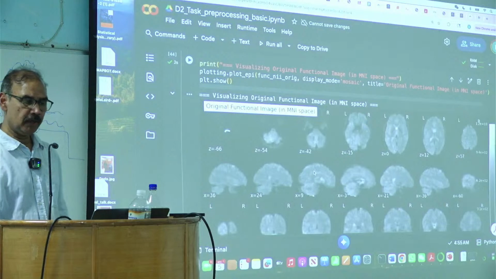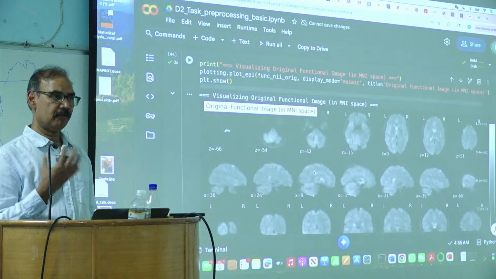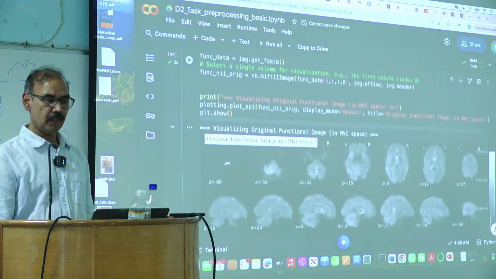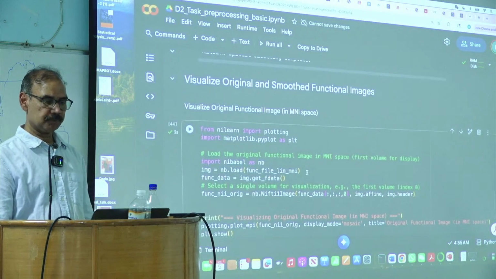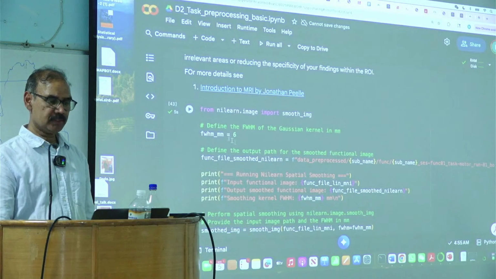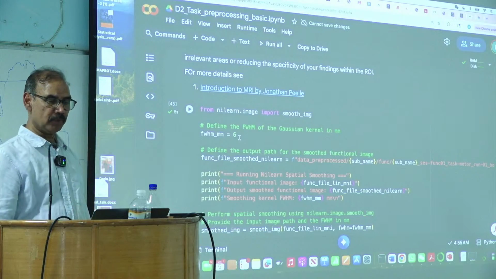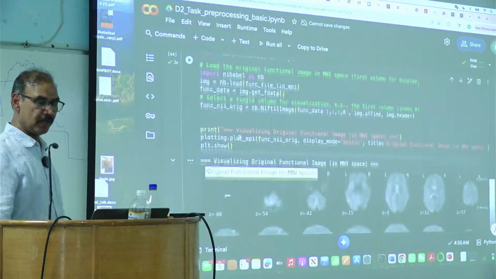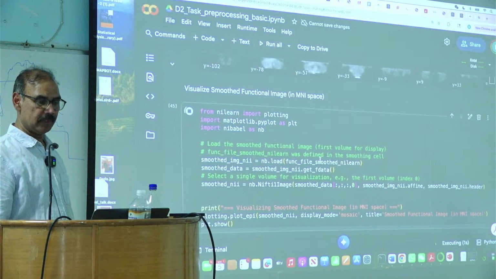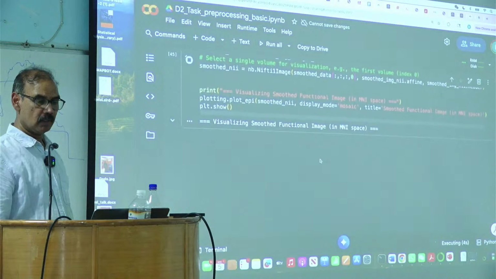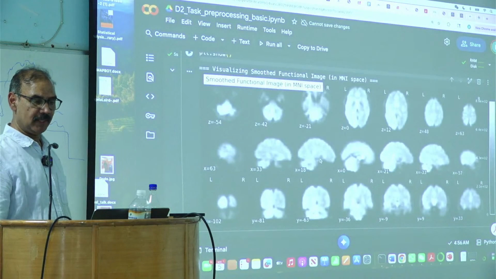Here, what we have done is take the data and smooth it using a 6 millimeter spatial smoothing, and then redo the analysis, so we can display the data this way.